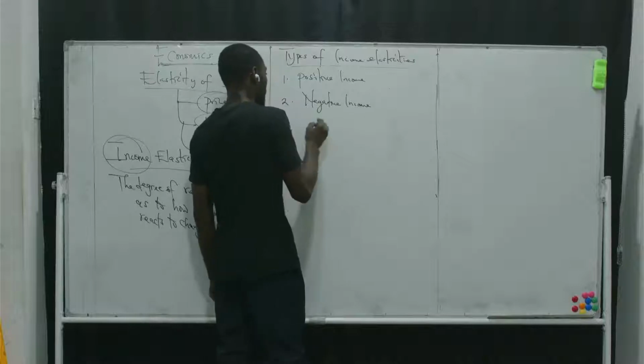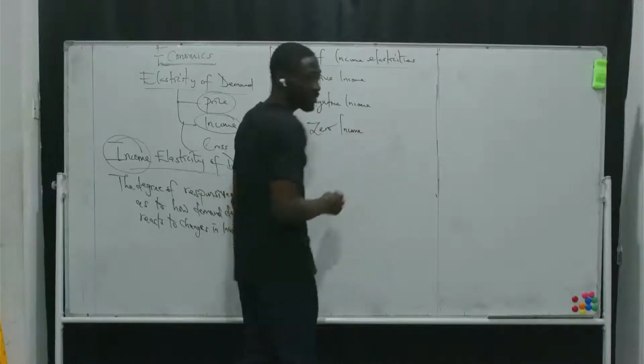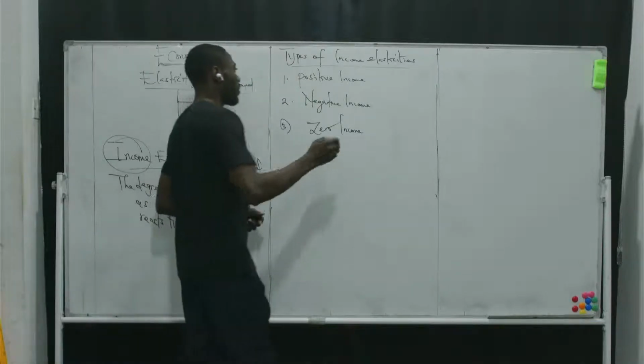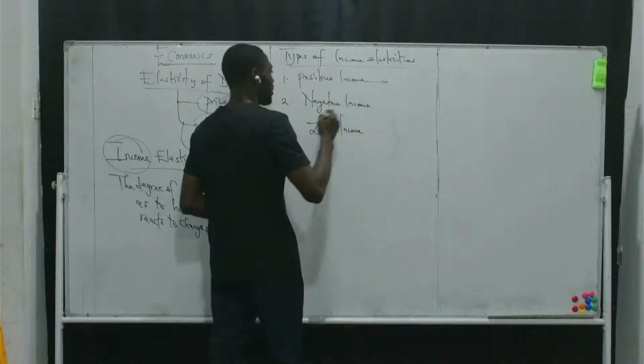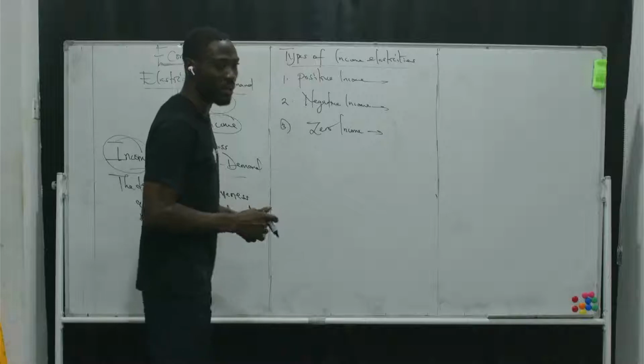Then number three, we have the zero income elasticity. All right. So positive income elasticity, negative income elasticity, and then zero income elasticity.